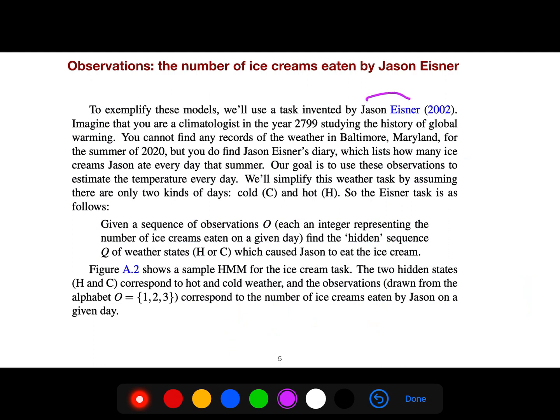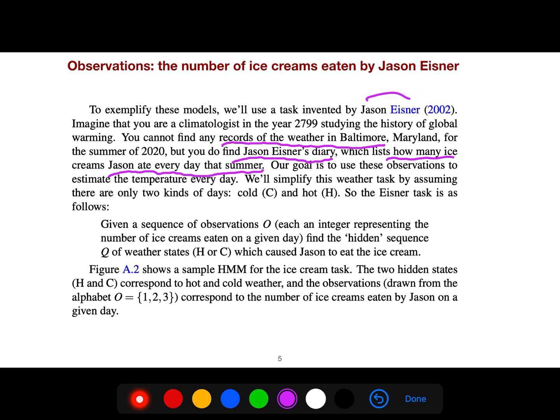So an easy example is this. Jason Eisner wanted to know about the weather. You cannot find records of the weather in Baltimore, but you can use, for example, Jason Eisner's diary, how many ice creams Jason ate every day that summer.